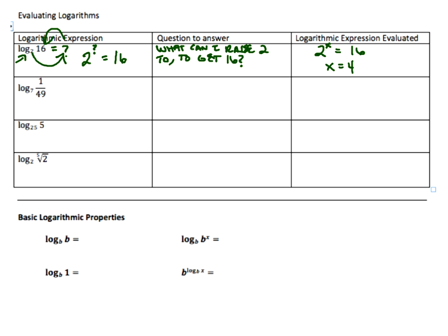Well, x would have to be 4. And we'll figure out ways later, if you didn't see that, of learning how to do this. But I just know that 2 times 2 times 2 times 2 is 16 at this point.